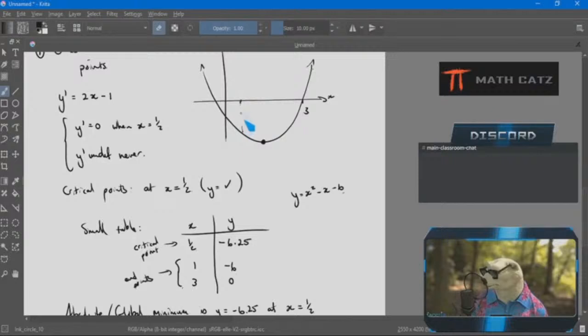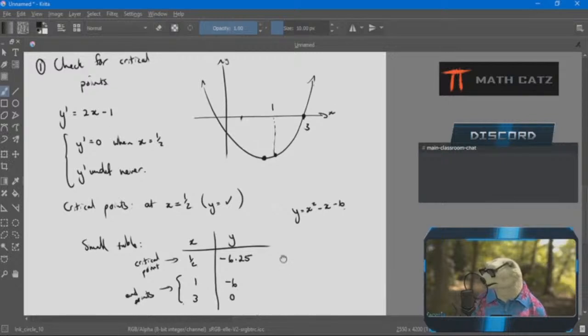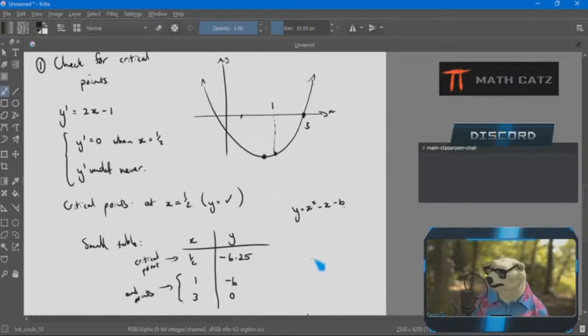Let me fix this. I went too fast. Let's put 1 over there. And 3. There we go. Okay. So what do I see here? I went too fast. Let me just move that out of the way. So forget I wrote the last sentences.